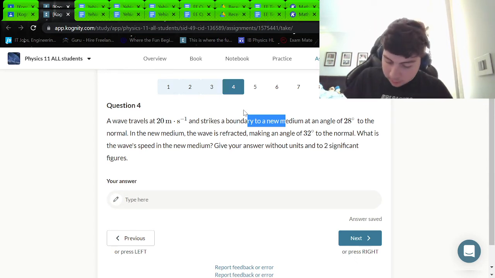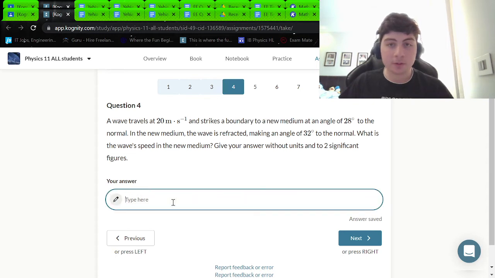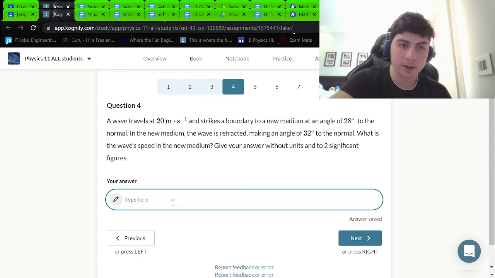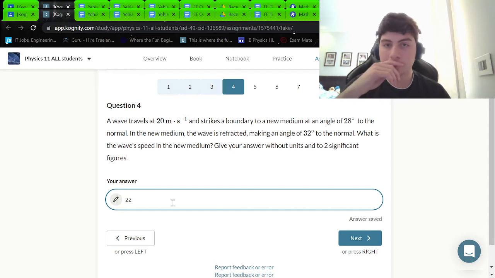So it's going to be v2 over 20 is equal to 1.128, blah, blah, blah. So you're going to multiply that by 20, and you're going to get 22.575. So what's it say? 22.266? Isn't that 22.6?